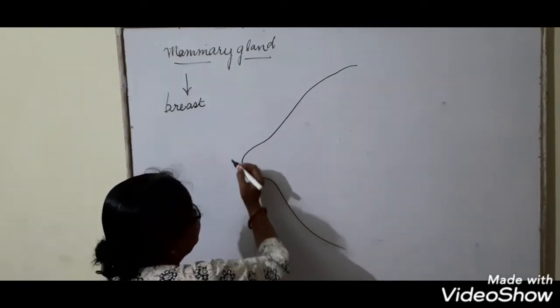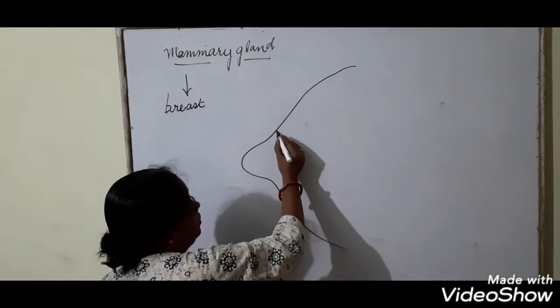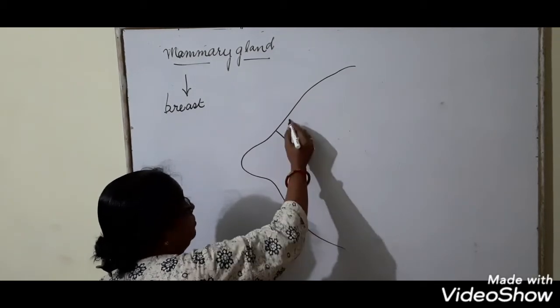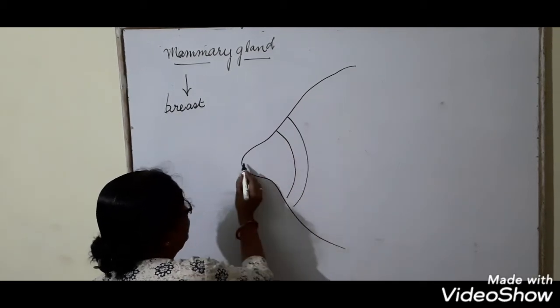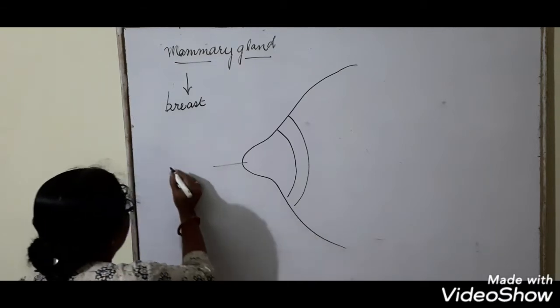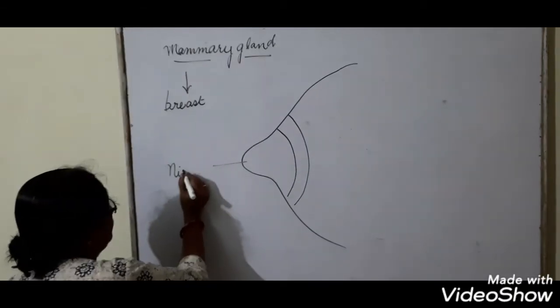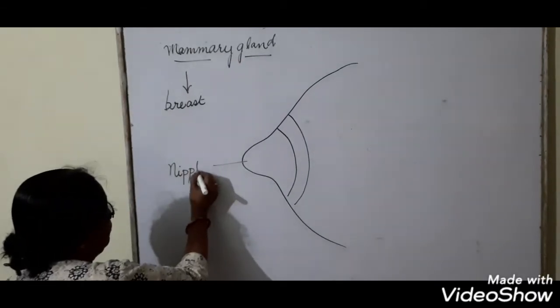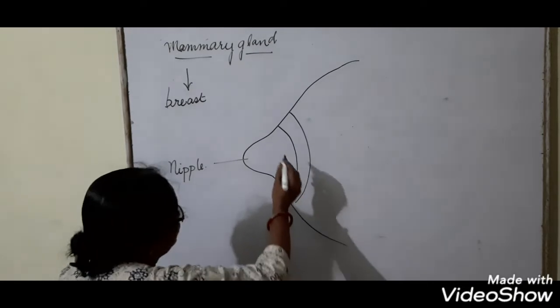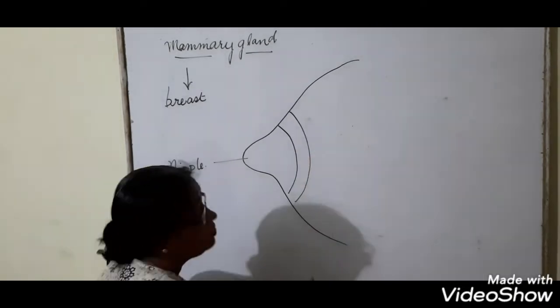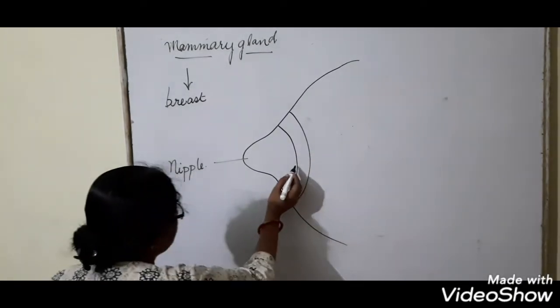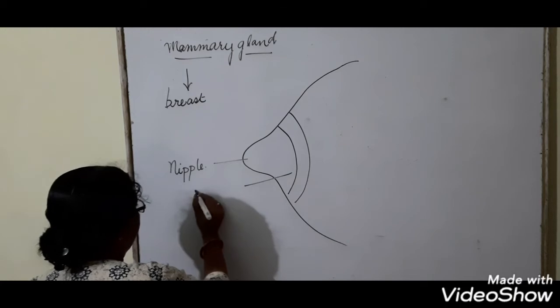The outermost structure that is protruding out is known as the nipple. The pigmented area is known as the areola.